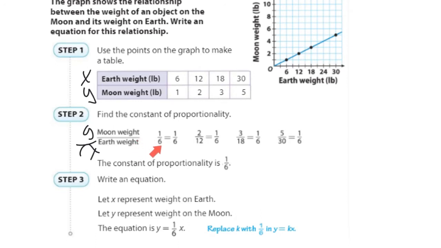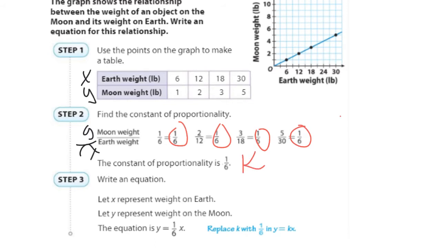So of course 1/6 stays 1/6. 2/12 simplifies to 1/6. 3/18 simplifies to 1/6. 5/30 simplifies to 1/6. So all of these are the same. These are the constant of proportionality. They're all the same, and that's your K.